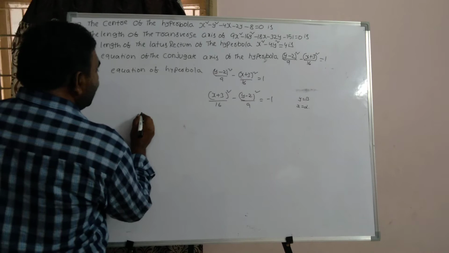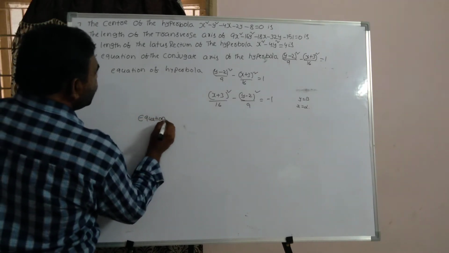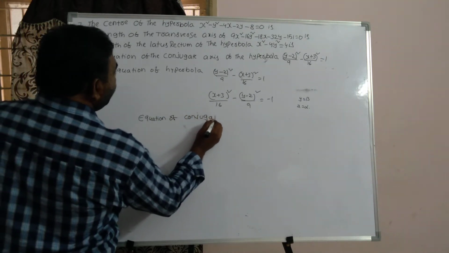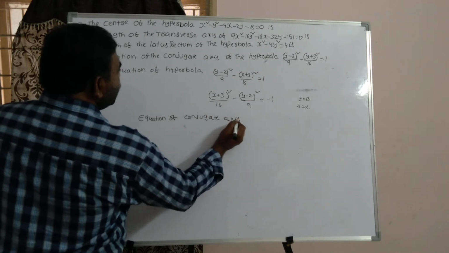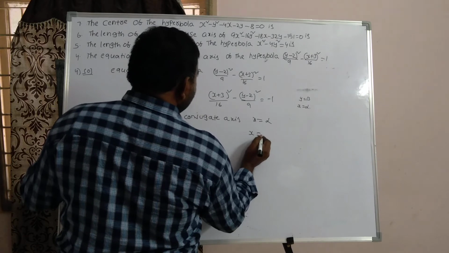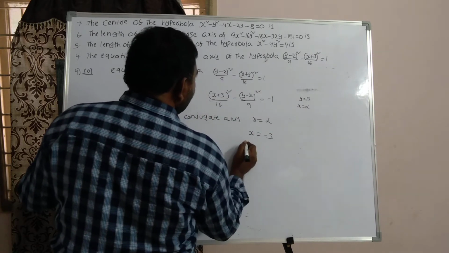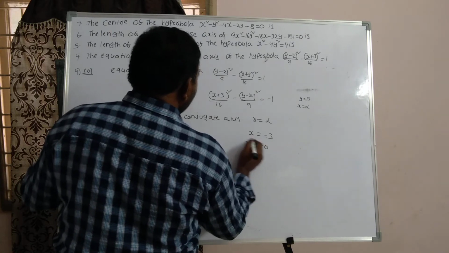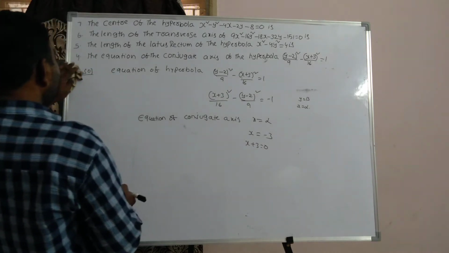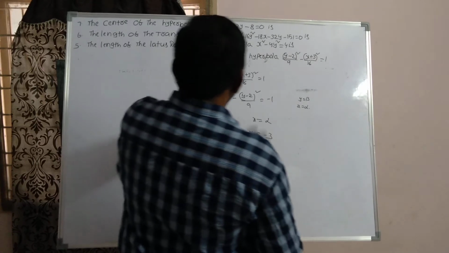So here the conjugate axis is x is equal to alpha. So x is equal to, here alpha is minus 3. So x plus 3 equal to 0. This is the equation of the conjugate axis of the given hyperbola. So the fourth one is complete. Now explain the fifth one.